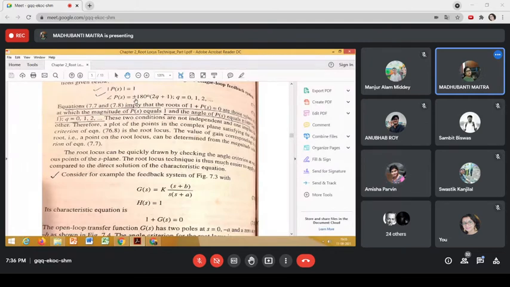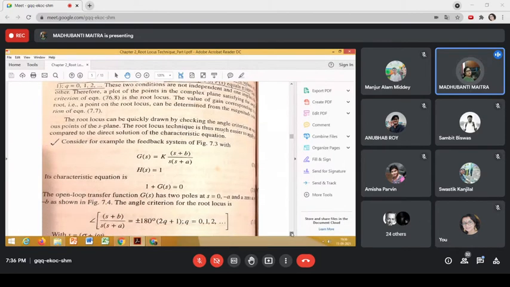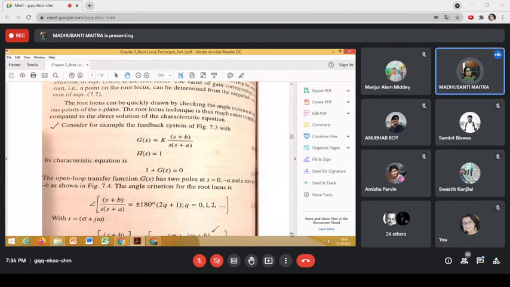Okay, so I'm not discussing this particular example. Please go through this example. The example shows that applying the angle criterion is sufficient for finding the roots of the characteristic equation.